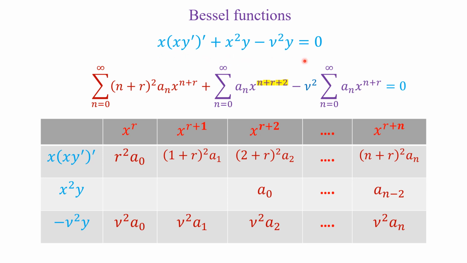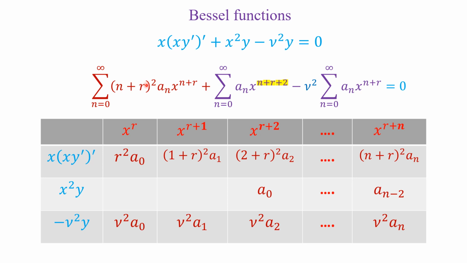So this is our Bessel equation. We have found the first term, which I have shown in red color bounded summation. This is the first term, and the second term is this one, the violet color summation. And the third term is minus nu squared, this summation over 0 to infinity a n x to the power n plus r, which is equal to 0.